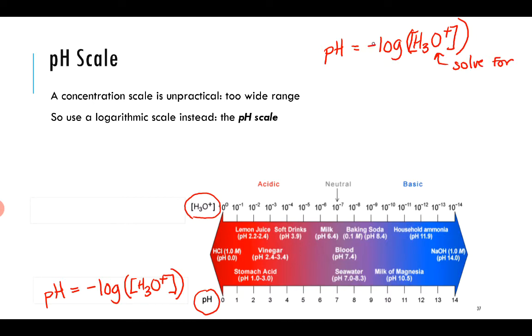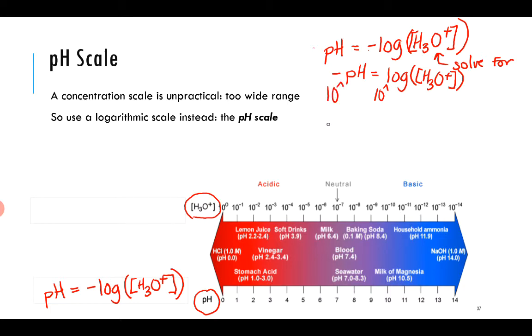So I can move this negative side to the other side of the equation by multiplying both sides by -1. But then this logarithm, to undo a logarithm, we have to raise both sides to 10 to that power.